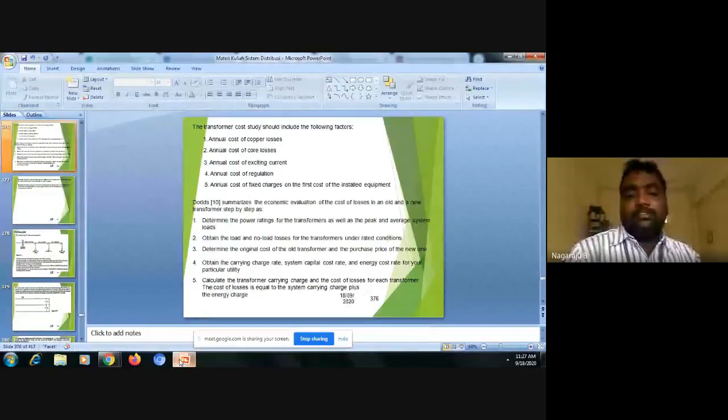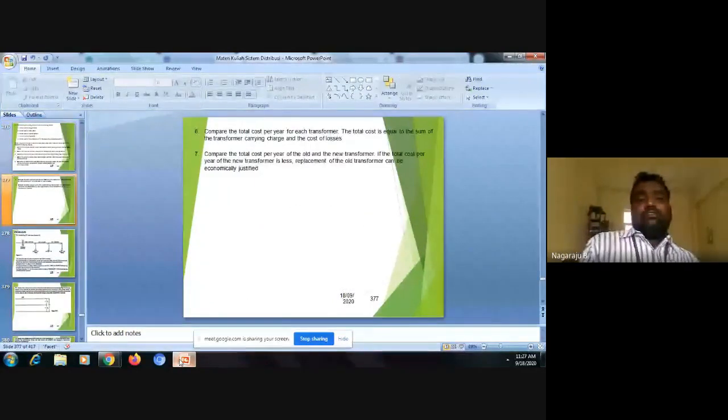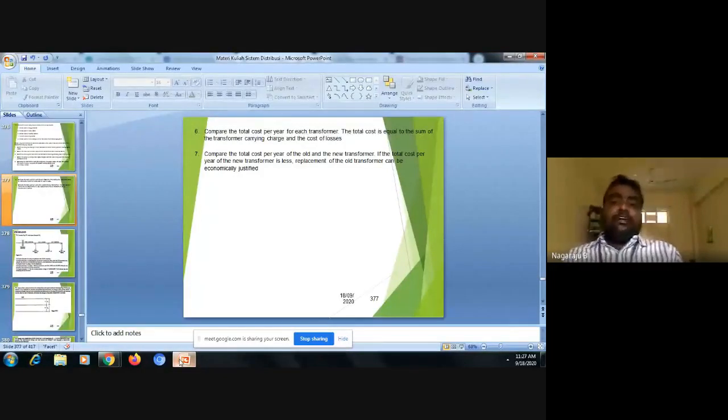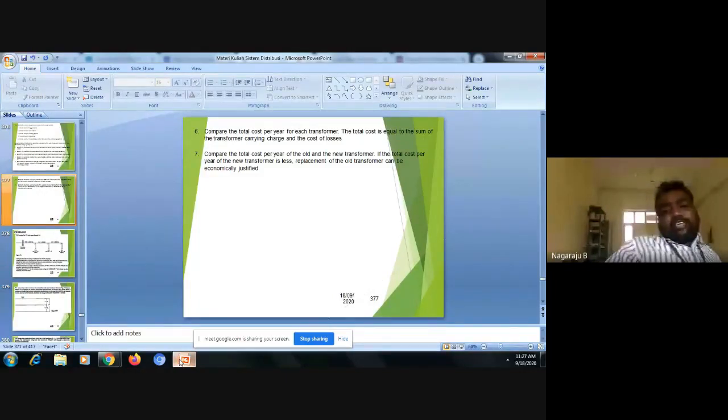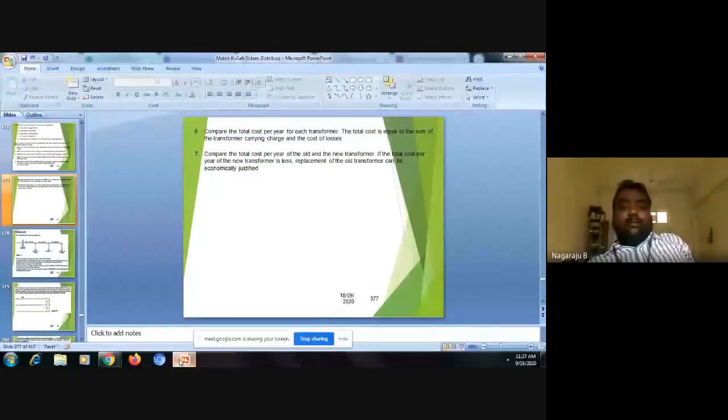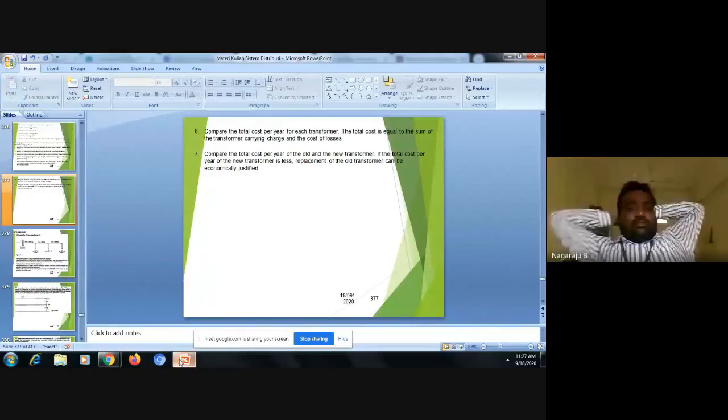Okay, when all the costs are there, new cost you have, old cost you have, depending on that you can compare the cost of each transformer year wise. Compare the total cost per year for each transformer. The total cost is equal to the sum of the transformer carrying charges and the cost of the losses.